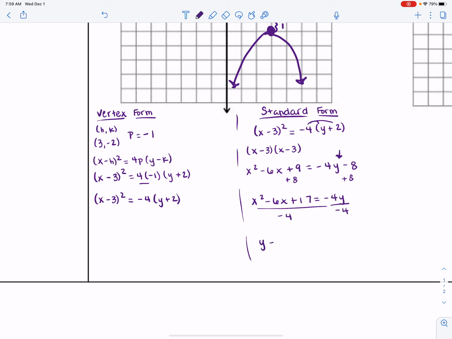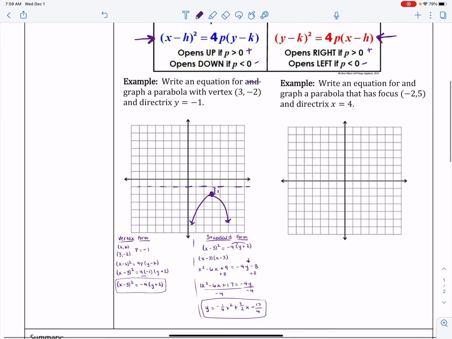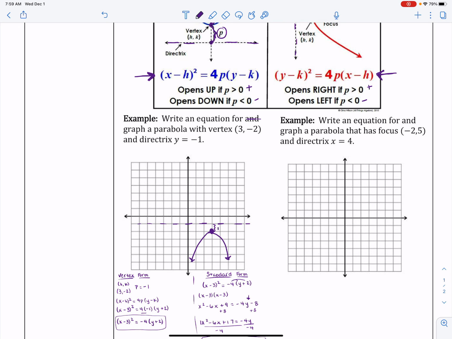So I end up with y equals, this is a 1, so negative 1/4 x squared plus negative 6 over negative 4 simplifies to a positive 3/2 x. And then 17 over negative 4 is just negative 17 over 4. So this is the vertex form, and this is the standard form. Okay? I'm going to do this second example in a second video.